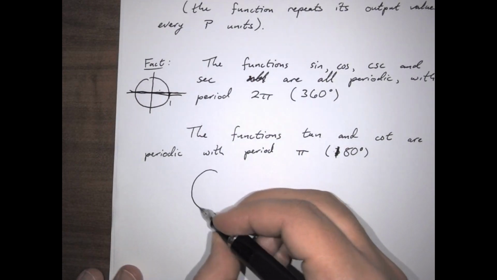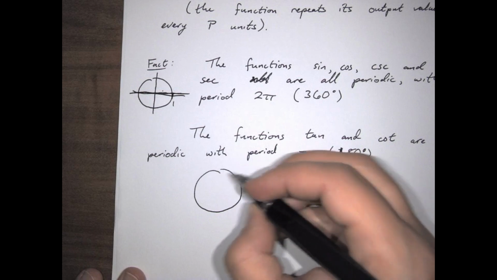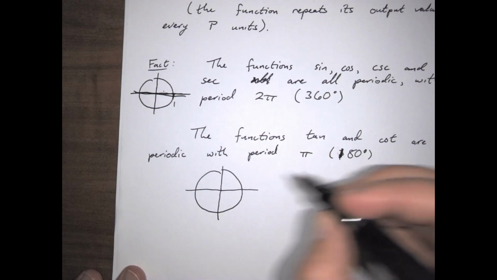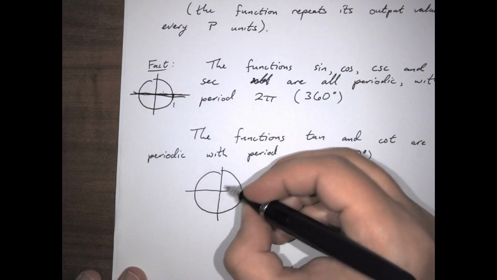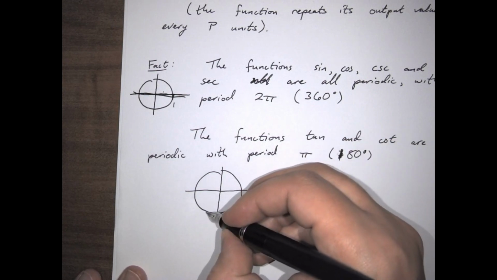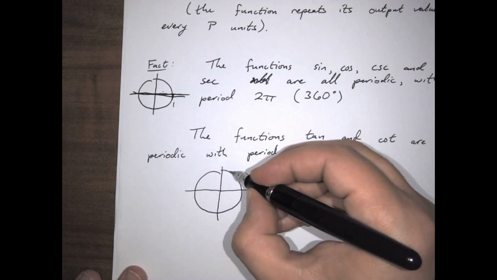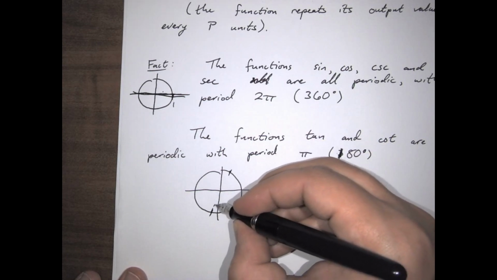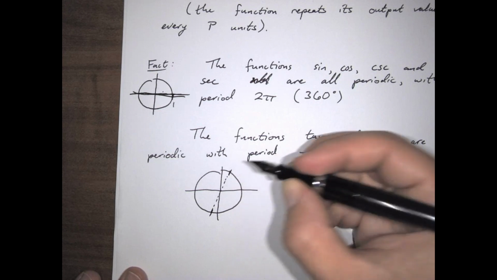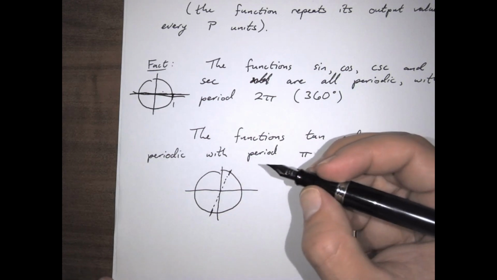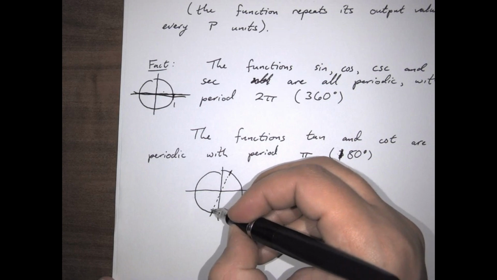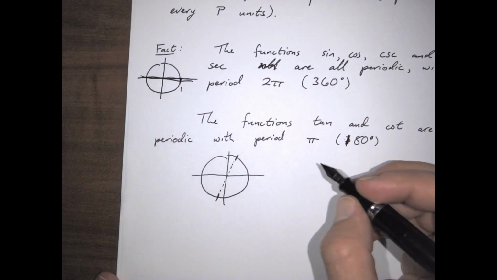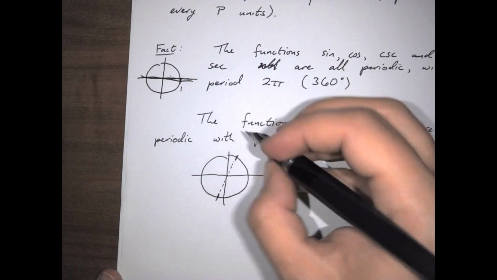so that may at first seem a little odd to you. All the other functions repeat themselves every full circle. So why would these ones repeat themselves every half circle? Well, a half circle would mean going from here to here, so diametrically opposed points. By the way, the word diametrically means they are opposed by one diameter, so they are on opposite sides of a diameter.